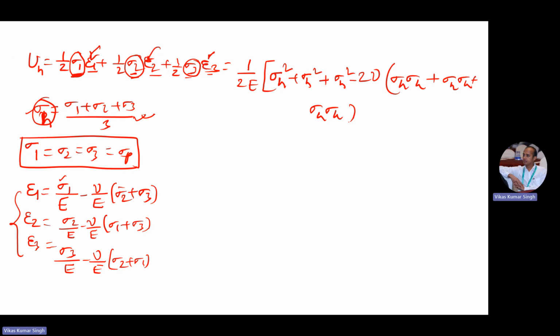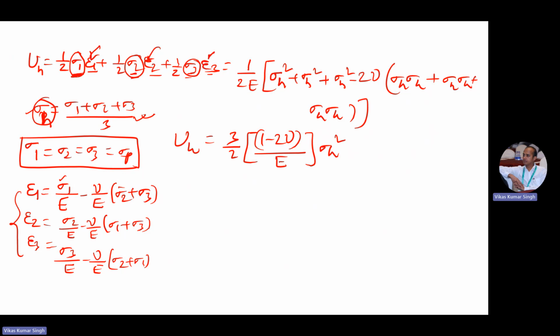Here sigma p is the hydrostatic stress, we can write sigma h. Once you solve this, you are going to get the final expression: 3 by 2 into 1 minus 2 nu by E into sigma h square.